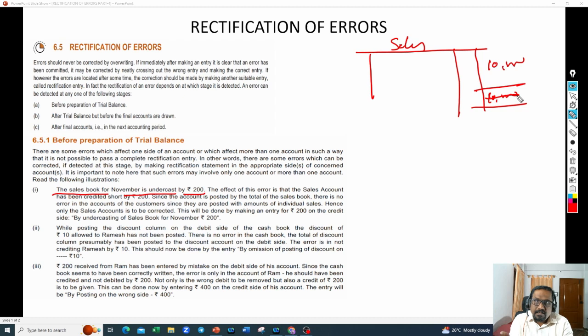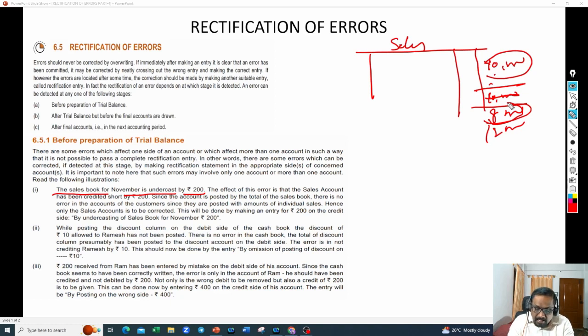So that means I total 8,000. Overcasting means 12,000, for example. See, the amount is 10,000, but I undercasted. Undercasted means less than what I'm supposed to total. I'm supposed to total 10,000, but I total less than 10,000. Less than 10,000 can be anything. So I took 8,000 as an example.